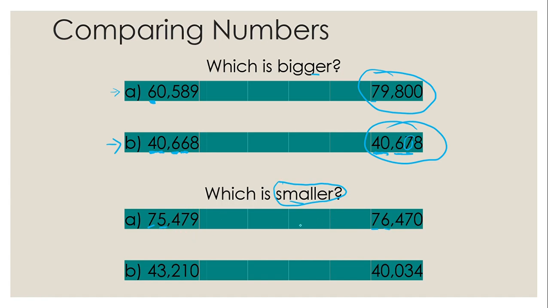Between 5 and 6, which one is smaller? 5 is smaller, so this will be your answer. For B, also the same thing. You check the 10,000s place value first. If it's the same, then we check the thousands place value. We have 3 and 0. Between 0 and 3, 0 is smaller. So this will be your answer.